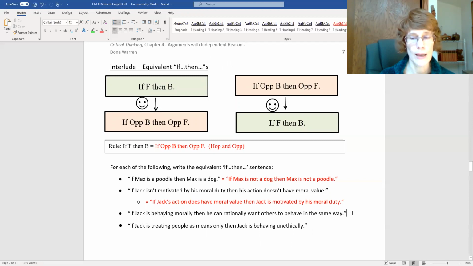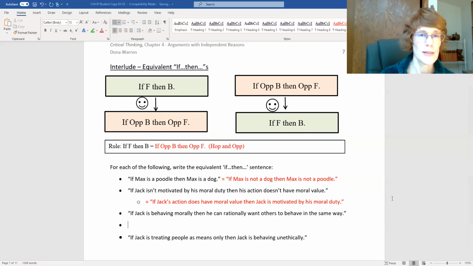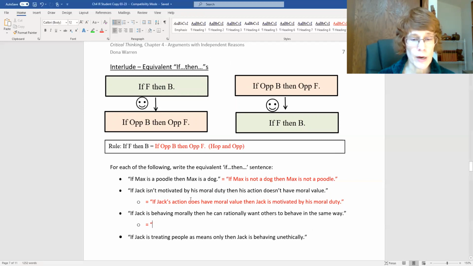Okay, so what do you have? This is what I would have. I'm going to take the back part, take the opposite of that, and that's going to be the front part. The back part is Jack can rationally want others to behave in the same way. So I am actually just going to be really lazy here and do this.